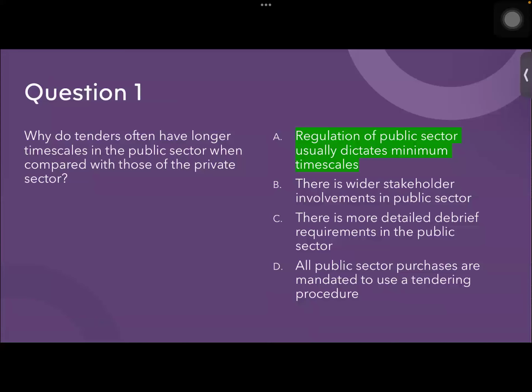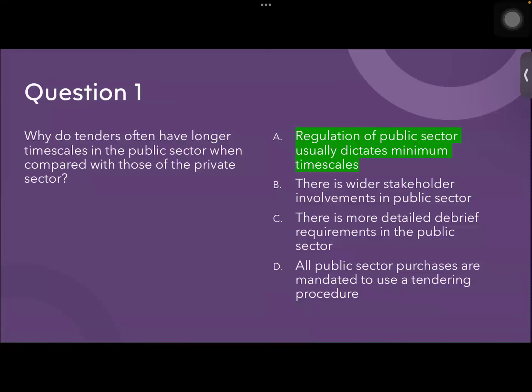Thank you. Question number 1 asks about the reason why tender often has a longer time scale in the public sector when compared with the private sector. We are talking specifically about the tender. And of course, I agree that the public sector has wider stakeholder involvement.